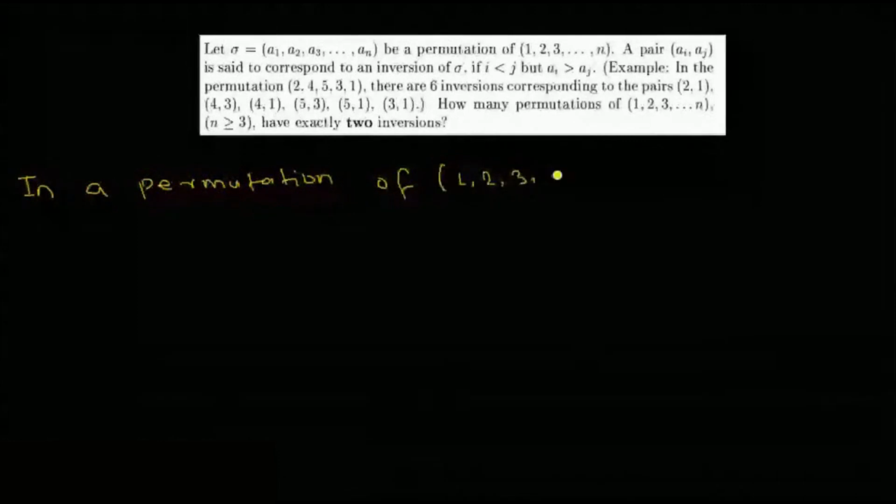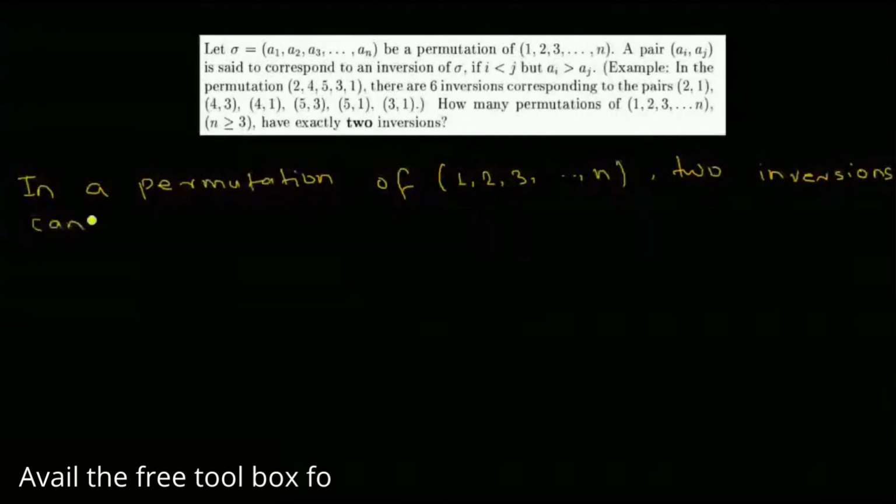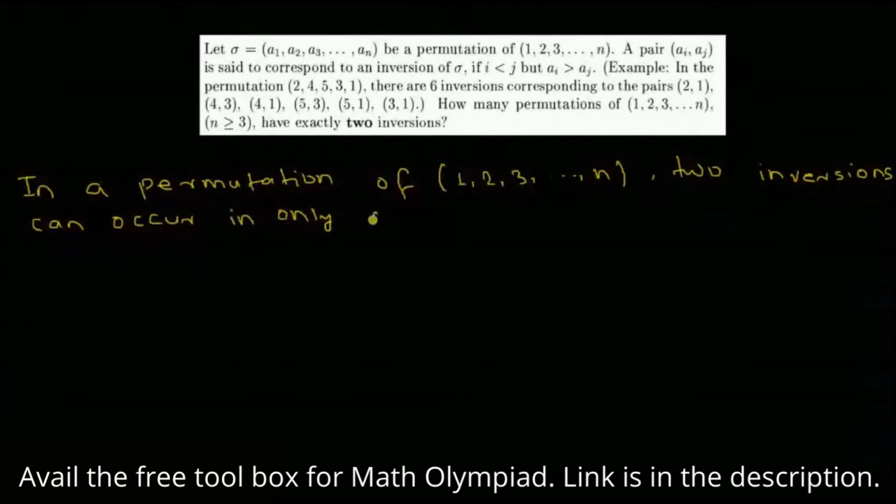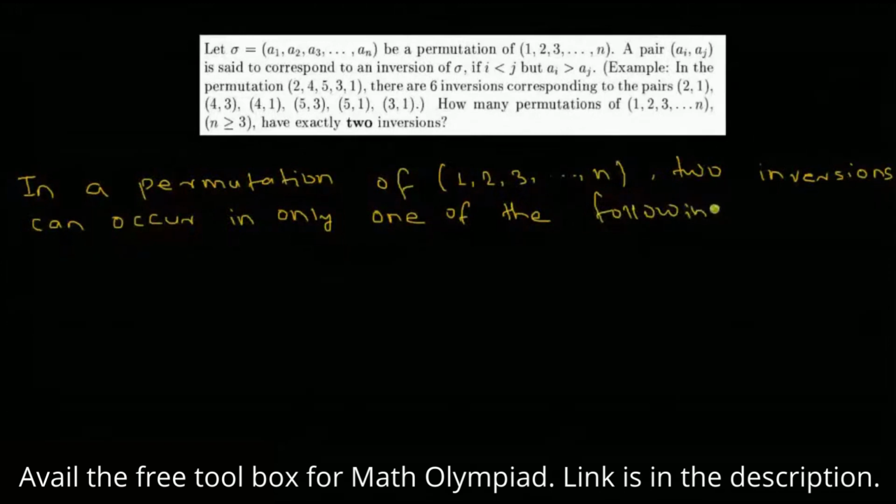Now, in a permutation of 1, 2, 3 up to n, two inversions can occur in only one of the following cases.